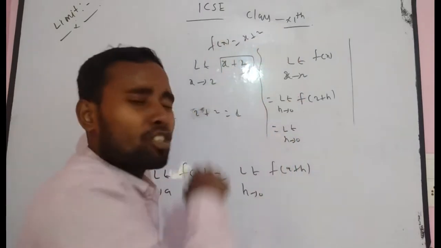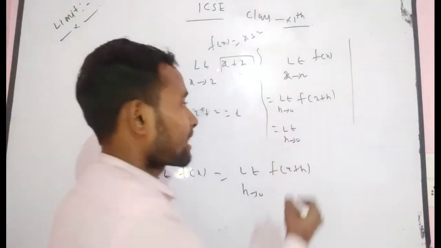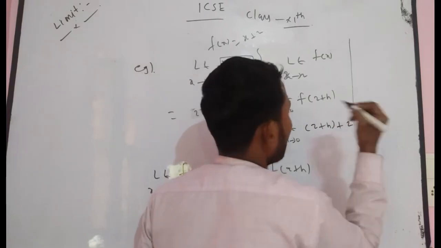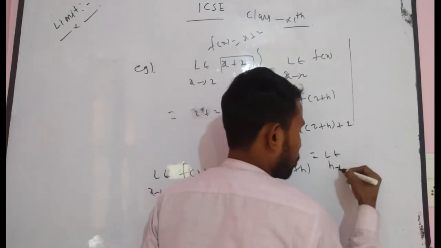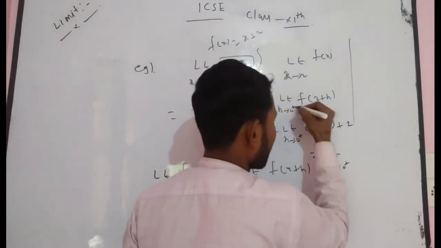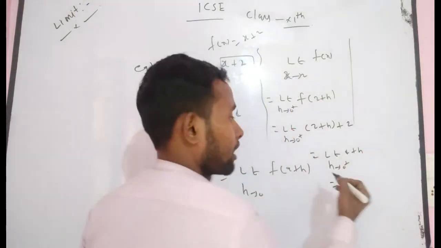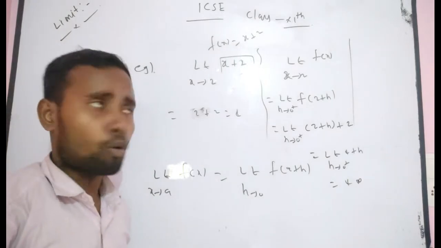That means if f(x) is equal to x plus 2, then you replace x by 2 plus h, so simply write 2 plus h plus 2. Now it becomes limit h tends to 0 from the right hand side of 4 plus h. Now you put h tends to 0, then it becomes 4. This is the second method by which you can solve it.